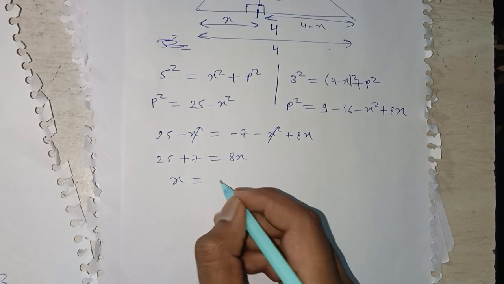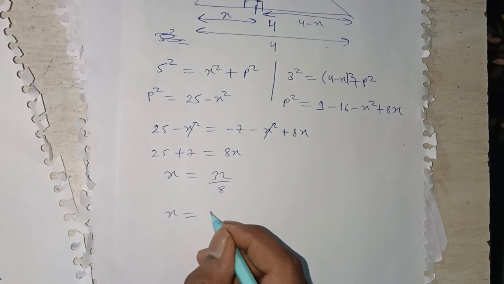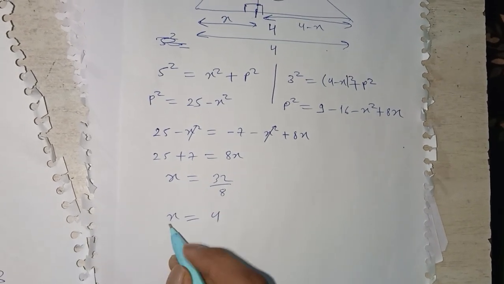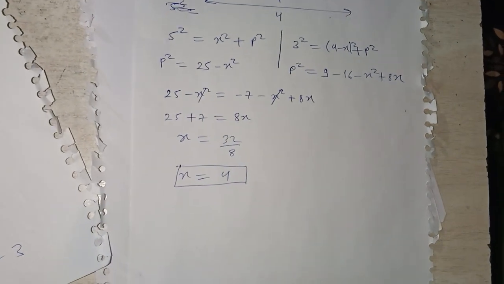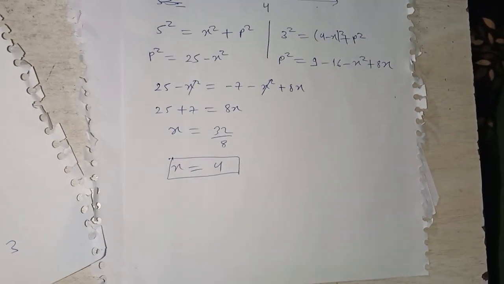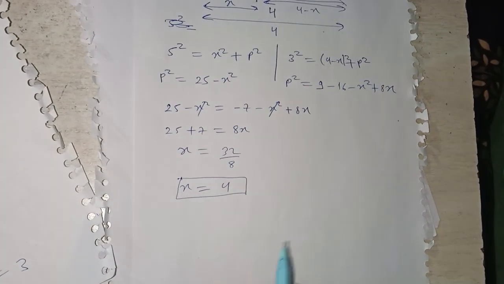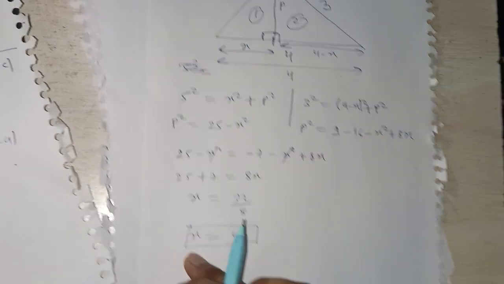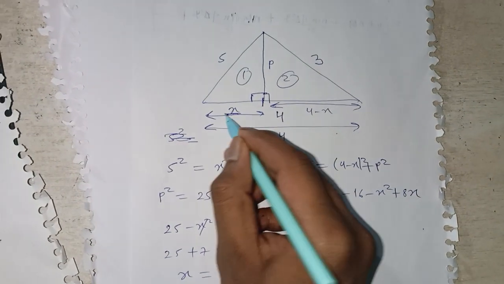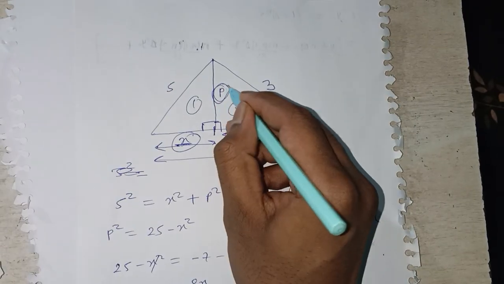Then x will be equal to 32 by 8, so x equals 4. Don't be surprised by x equal to 4. Don't suppose that x is equal to 3 and then twice of 3 is 6, because x is this length and we are looking to find the value of p.